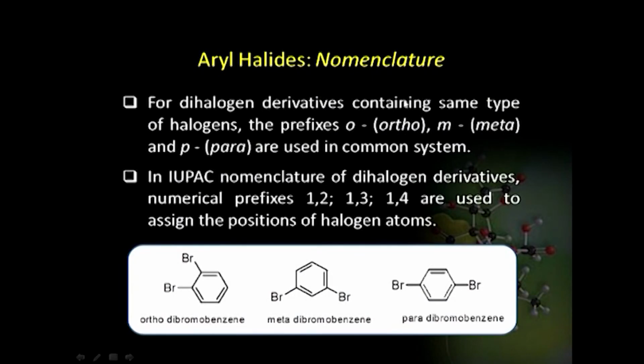For dihalogen derivatives containing the same type of halogens, the prefixes o, that is ortho, m, that is meta, and p, that is para, are used in common system. In IUPAC nomenclature of dihalogen derivatives, numerical prefixes 1,2, 1,3 or 1,4 are used to assign the positions of dihalogen atoms. So, this is 1,2 dibromo, that is ortho dibromobenzene, and this is the 1,3 dibromo derivative, this is 1,4 or the para dibromobenzene.